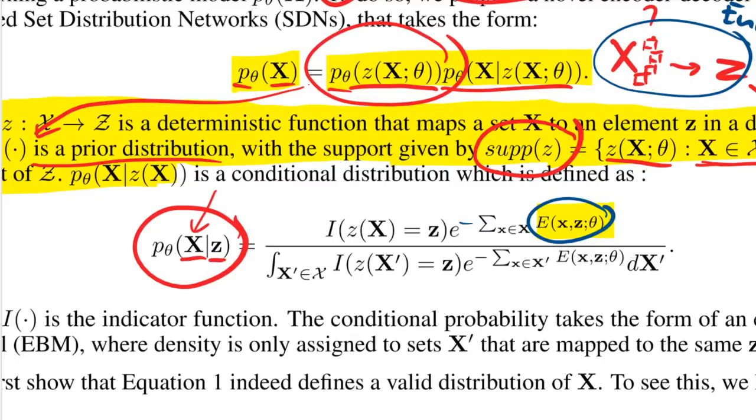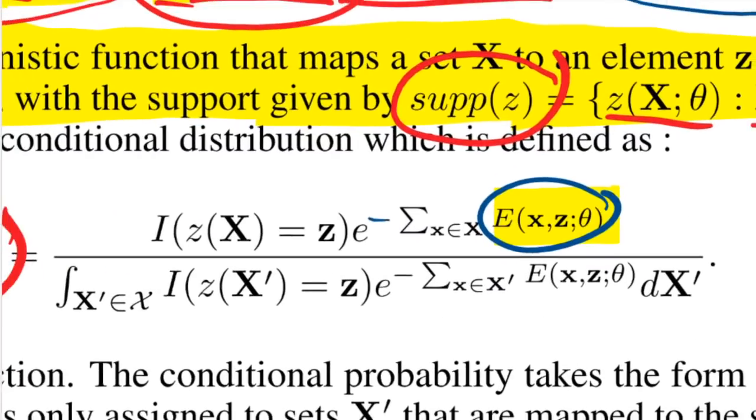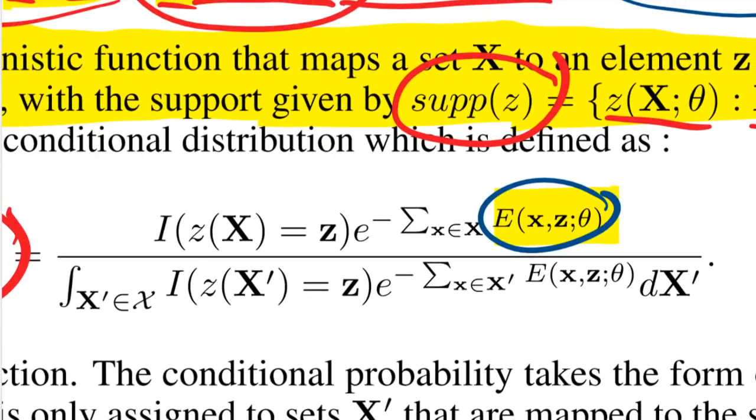No, maybe I have it wrong. Maybe you output a really high number when you're really happy. I'm not sure, but it's one of the two. So this comes from a physics background. No, I'm right.